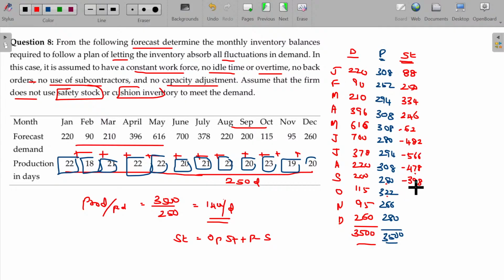And 322 minus 398 minus 115, minus 191. 266 minus 191 minus 95, minus 20. The last becomes 0.